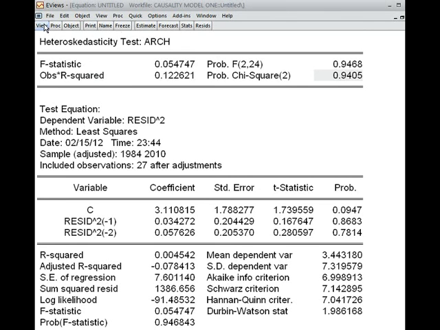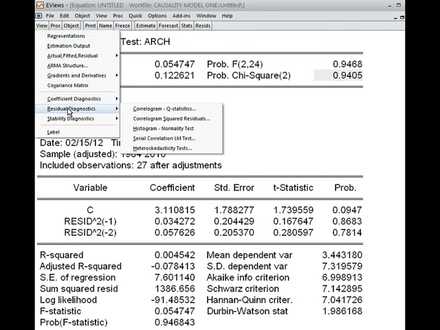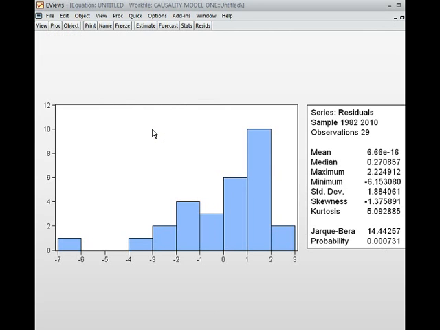Then I talk about another test of the residual, which is the test of normality, the histogram. I want to check this one. Okay, Jarque-Bera statistic and the corresponding p-value. How much is the p-value?